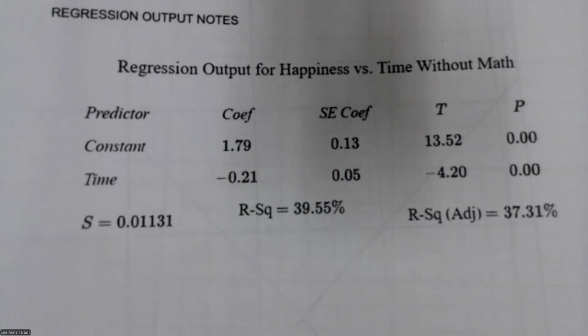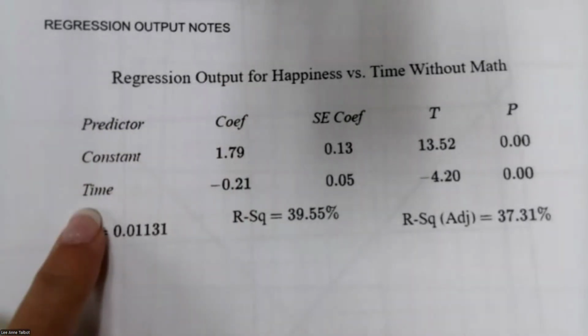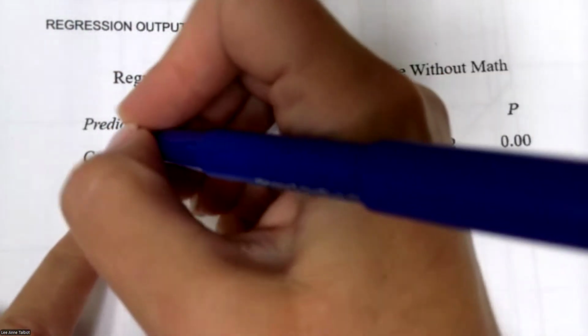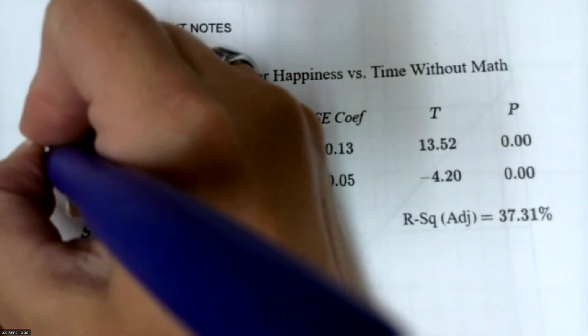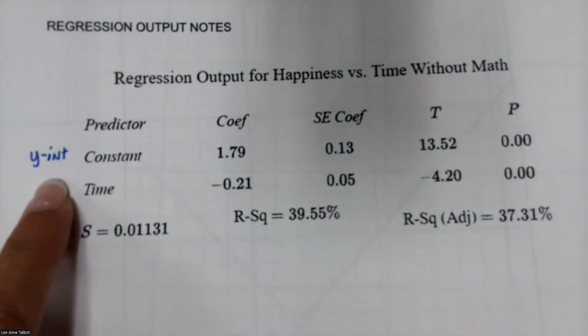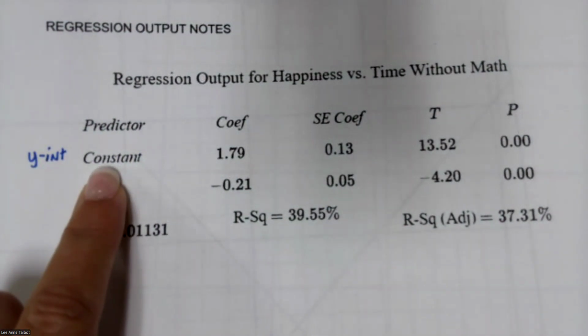So the first thing that you need to know is that there are some words over here. Constant tells you the y-intercept. Let's talk about why that makes sense. What number is the constant in y hat equals a plus bx?